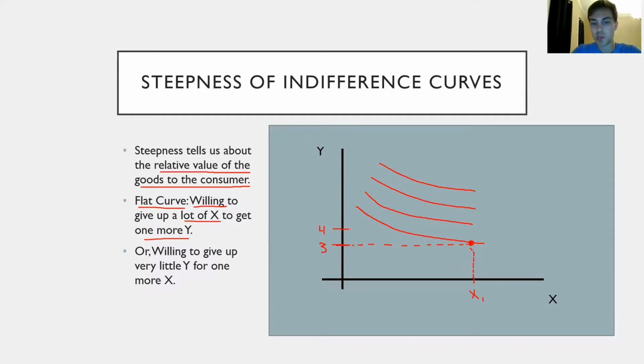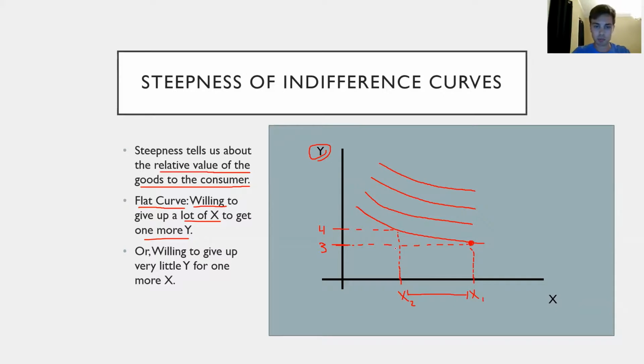And now if we want to move up to having one more unit of y, or 4 units of y, we will have to give up a lot of x to get to now x2. So we'd be losing all of this x to get one more unit of y. So in other words, this is telling us that this consumer values y more than he values x.